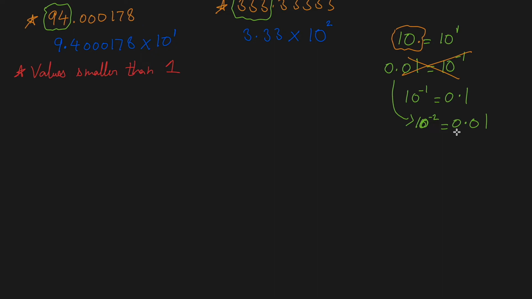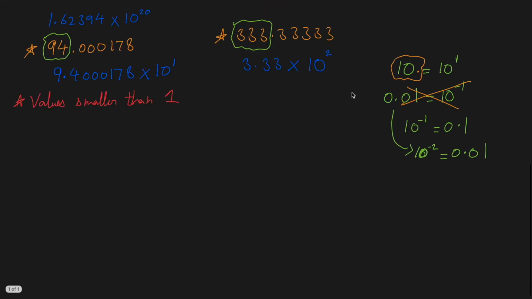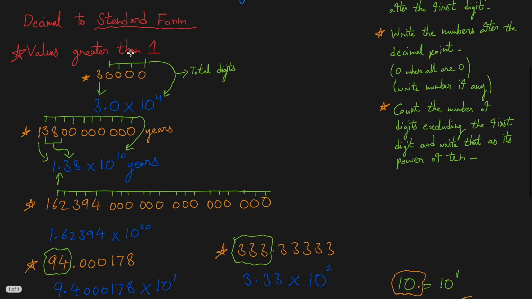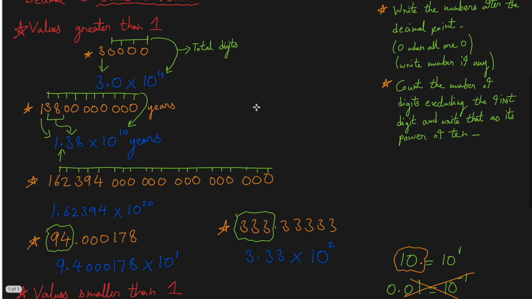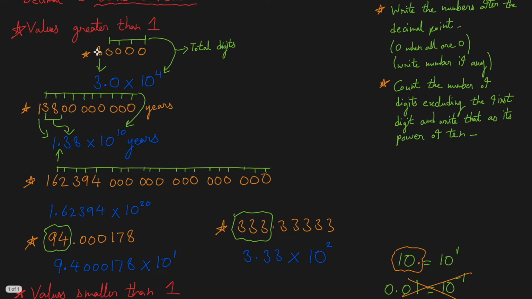When you are trying to find the values that are smaller than 1, you already know that in the values greater than 1, you neglected the very first digit here, and then you counted the zeros, the other digits here.